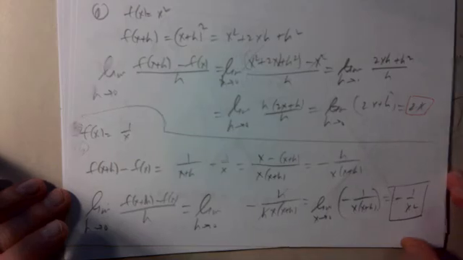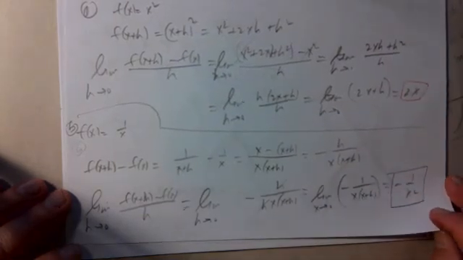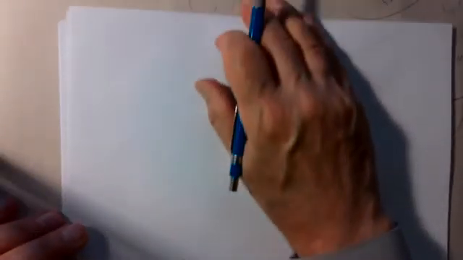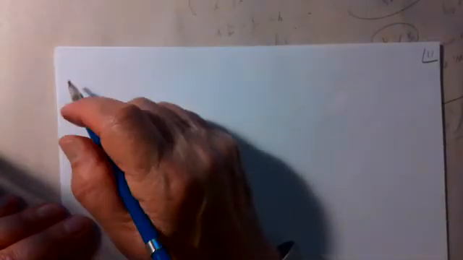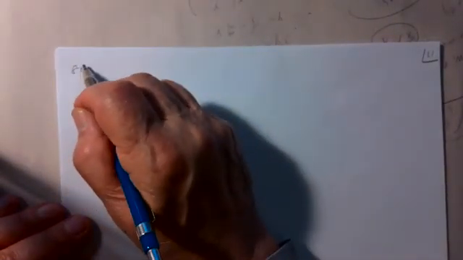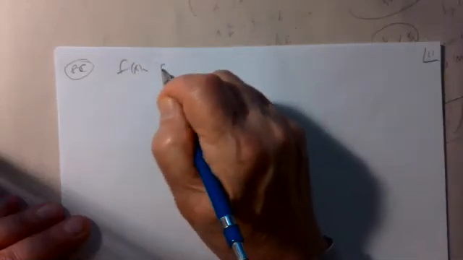So that is using the definition of the derivative to compute the derivative of 1 over x. And then the third derivative to calculate is f of x equals sine of x.